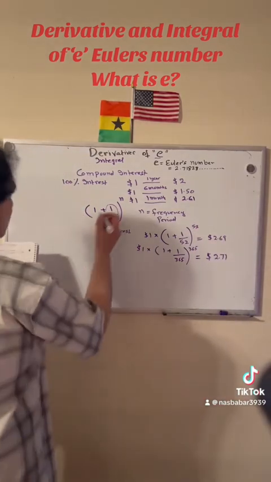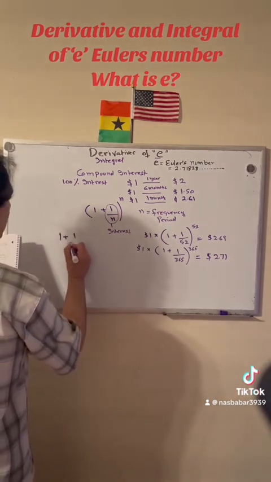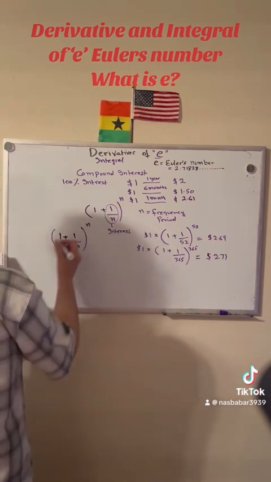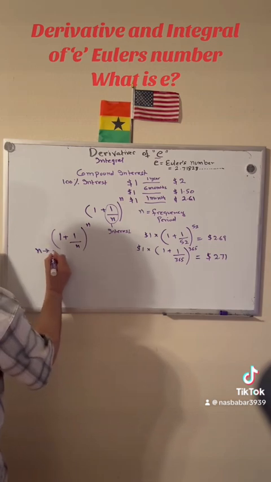So this is the formula he came up with: 1 plus 1 over n, raised to the power n, where n goes to infinity.